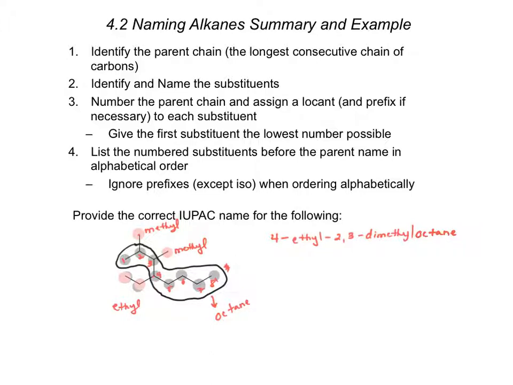We also will not use the sec or the tert to alphabetize. These, if you note when you go back, all have dashes following them. The only ones that we will alphabetize as that letter are anything with an iso or anything with a cyclo. So again, I'm talking about substituents and how we actually alphabetize these things. If it has an iso, you're going to alphabetize it via the I. If it has a cyclo, you're going to alphabetize it via the C. But if it has a sec or a tert, or any of these other di, tri, tetra, you're not going to use those to alphabetize the substituent.